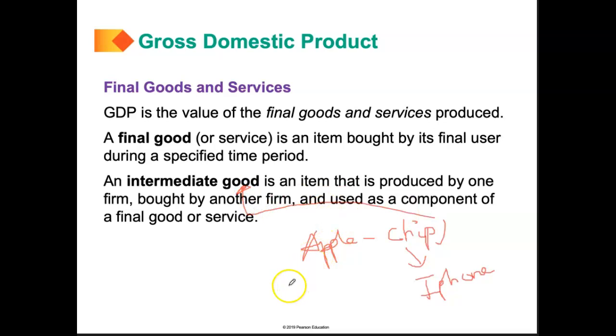Suppose Ford buys a tire and they use this tire in making, let's say, a car. This tire is an intermediate good. So think of an intermediate good as any good that is used to make a final good. Differentiating between final good and intermediate good prevents us from double counting, so it's really important to understand this.